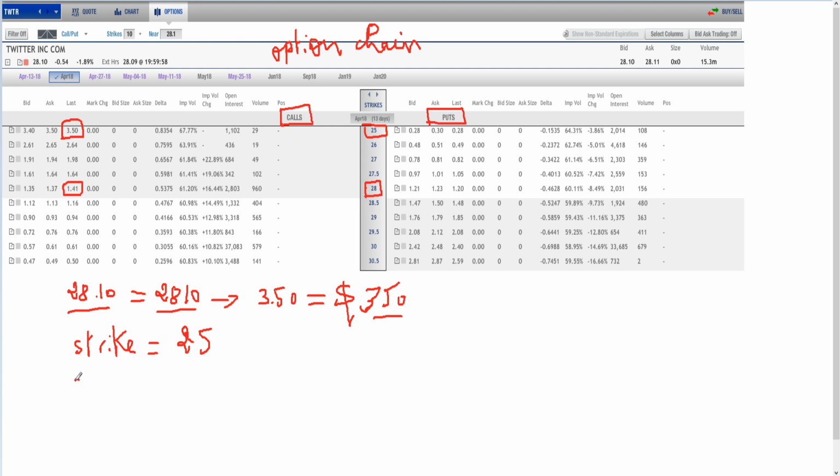So the $28 strike is near our price of today, which is $28.10. Now you are paying only $1.41, which means when you buy this contract, you pay only $141.